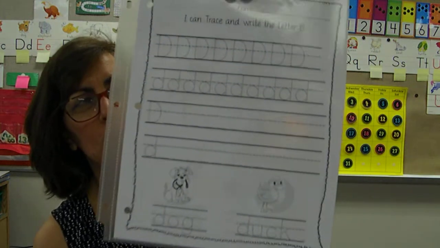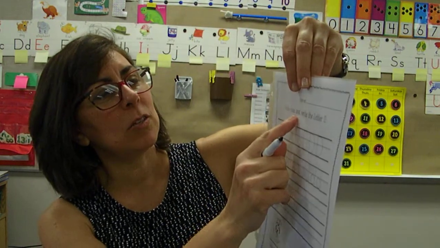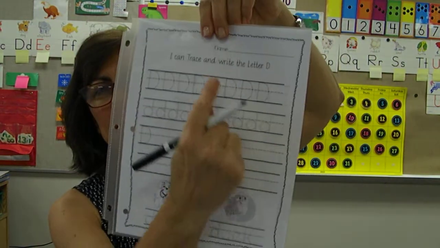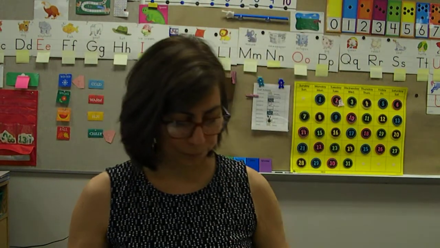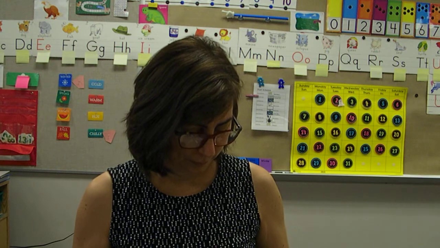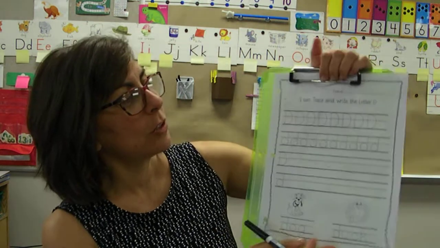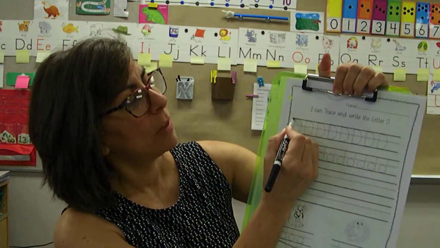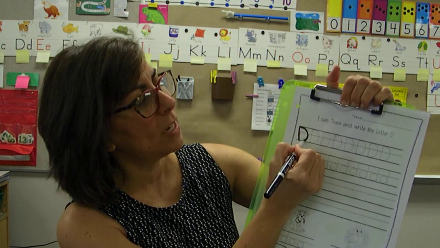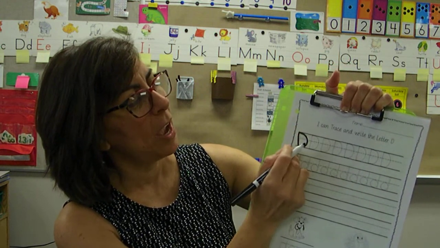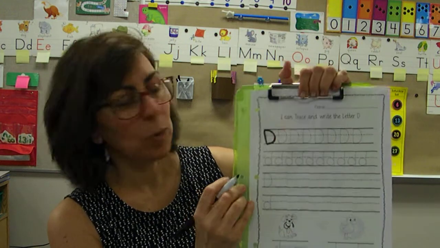This is the sheet you're going to need. It says, I can trace and write letter D. Make sure you have that in a plastic sleeve also. We're going to be using our dry erase marker. Start at the top line, go to the bottom line, and then you connect, and it just is like a rainbow that's sideways.